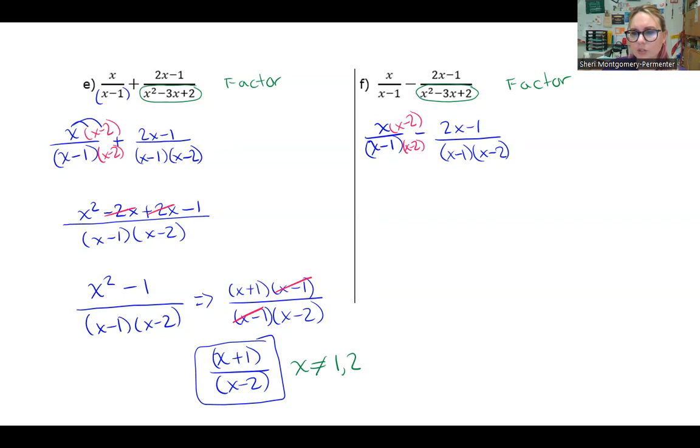Another thing, I have to make sure that I subtract all of this stuff. So I'm going to have to distribute in a negative to both of those. So I'm also going to have to distribute here. So I get x times x is x squared minus 2x all over, when the denominators are the same, the denominator stays the same.